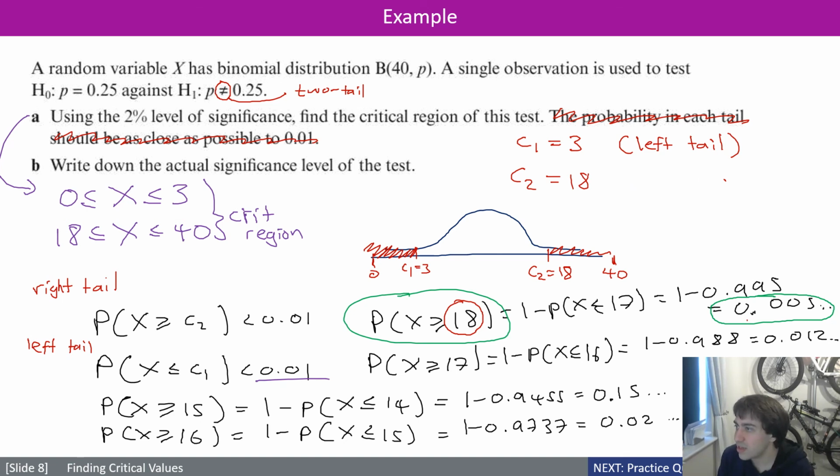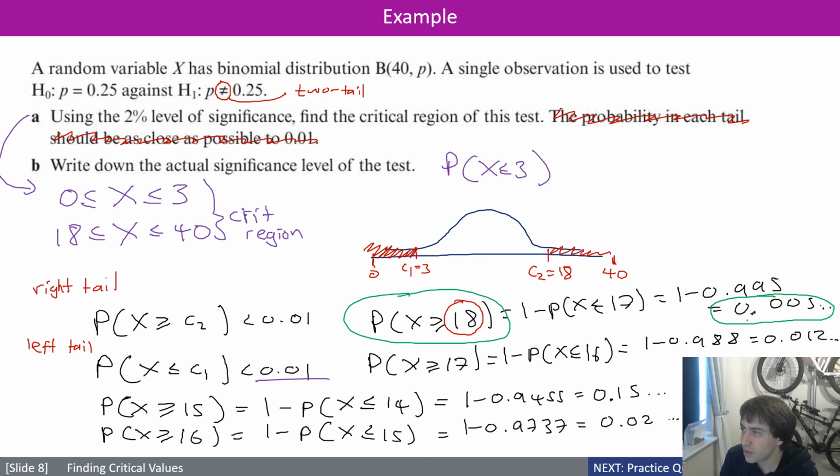But effectively, the answer to B is going to be as follows. It's going to be, take the actual probability of it being less than or equal to 3 and add the actual probability of it being greater than or equal to 18.